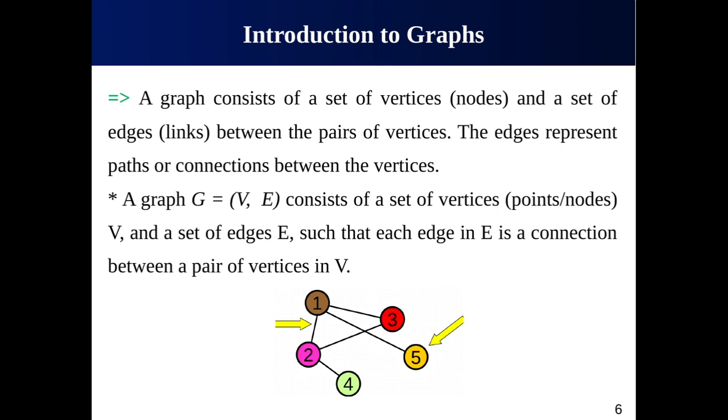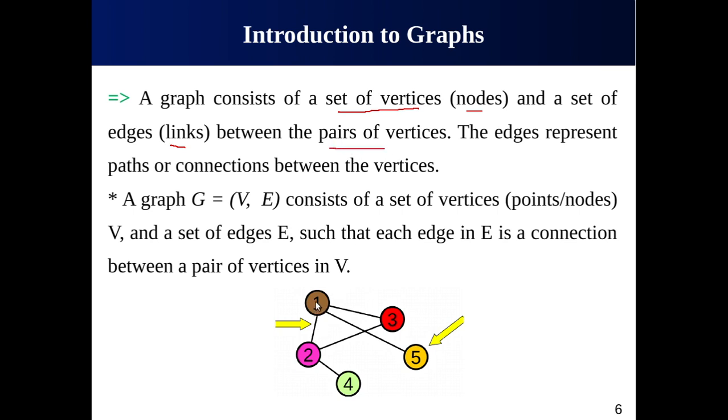You can say the graph is a non-linear data structure which consists of 2 things. First is a set of vertices, which is also known as nodes. And the second is a set of edges, which is also commonly referred to as links. And what is the role of this link? It will combine or join a pair of vertices.